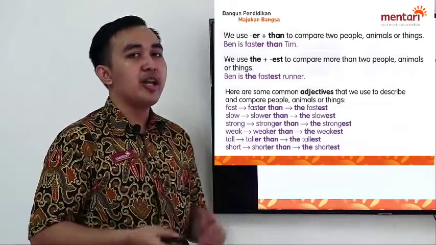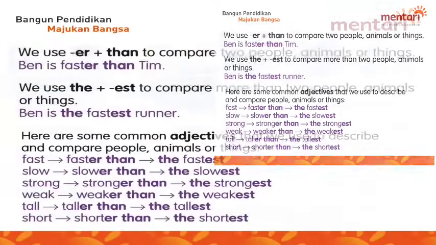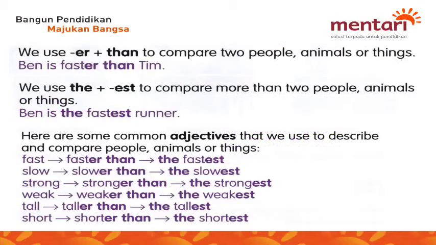We are trying to compare two people in here. We compare Ben and Tim. So, if you want to compare two people, we use er plus than. For example, faster than, slower than, stronger than, weaker than.